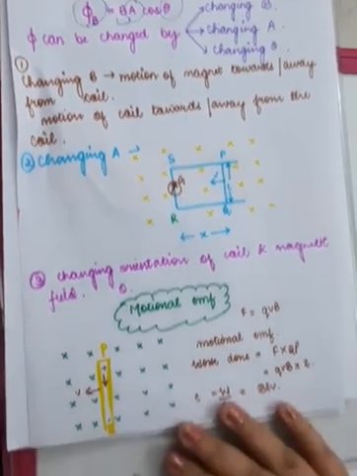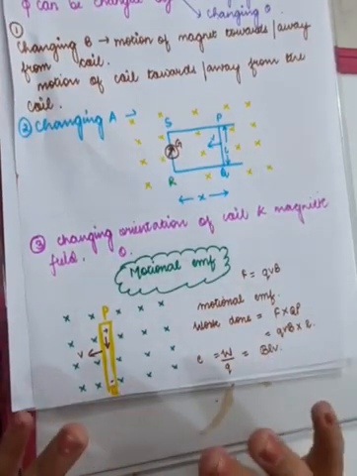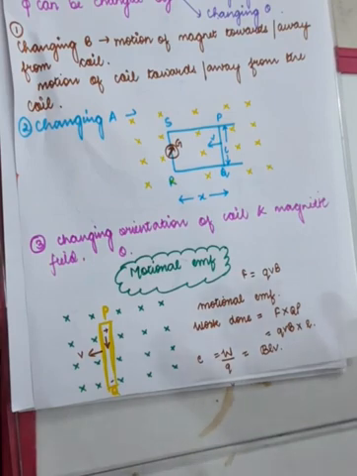Now let's have a look at what is motional EMF. Motional EMF means the EMF which is produced due to the motion of the conductor. Here we are seeing that this is electromagnetic induction, and since the time when we have started discussing electromagnetic induction, we are seeing that actually the motion determines so many things.